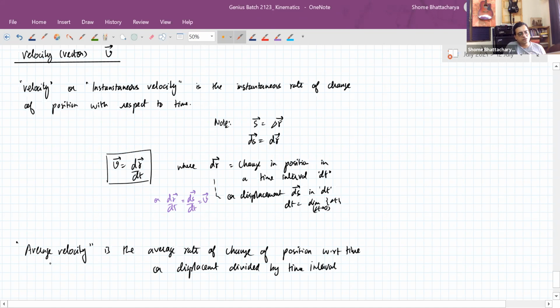So average velocity is always defined for an interval. We can't say what is the average velocity at this moment. We will say for this interval of time, from this time to this time.